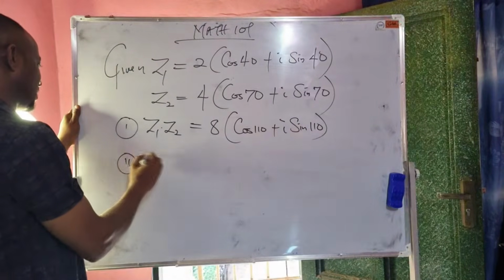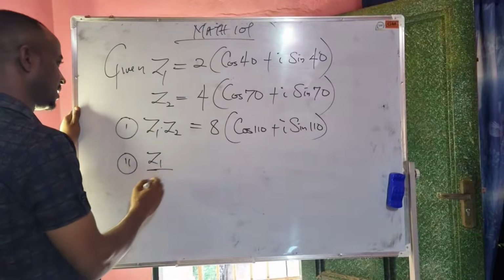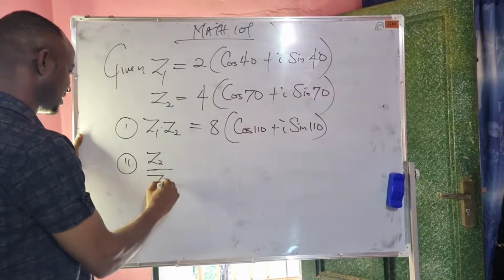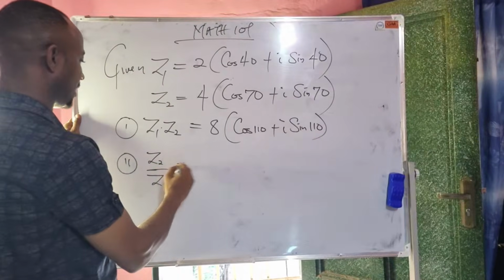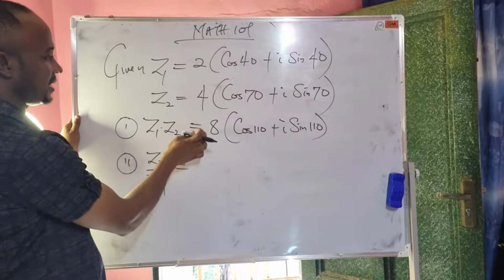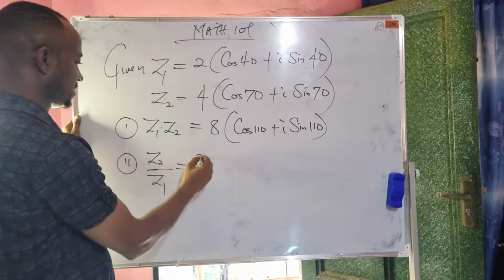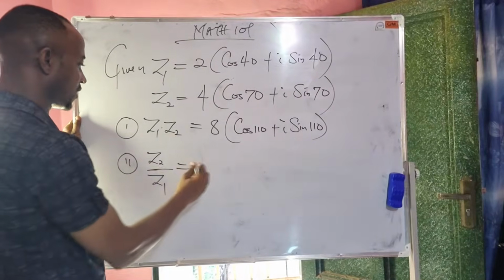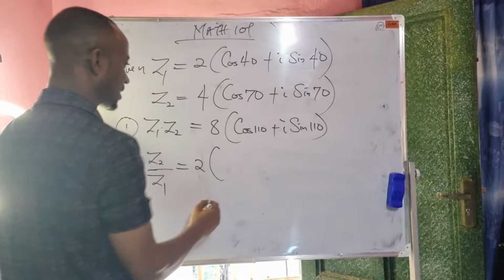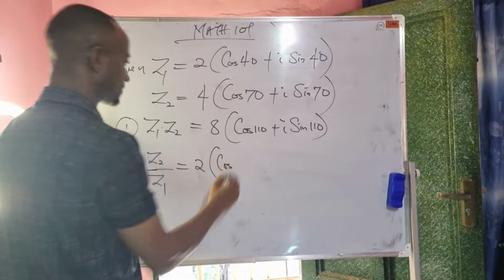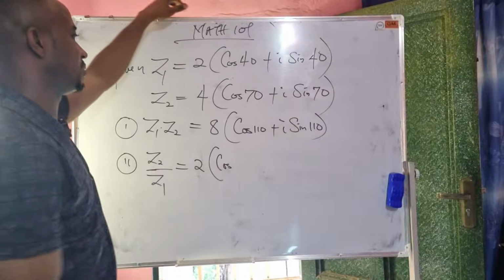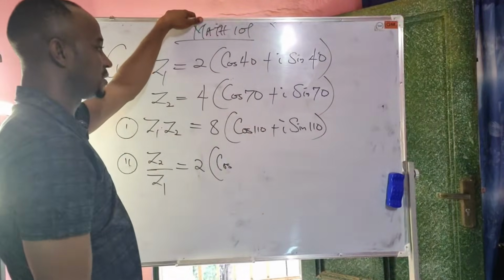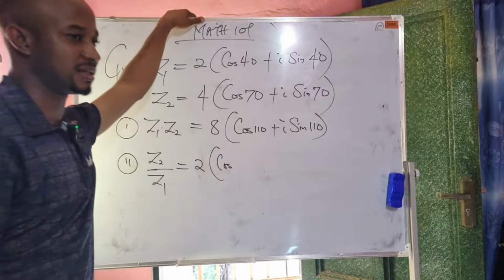Number 2, let's say we have to find Z2 divided by Z1. That will give us here, I will divide 8 by 4, right? 8 over 4 will give us 2 in brackets. The same way we added, for this case here we are going to subtract, right?